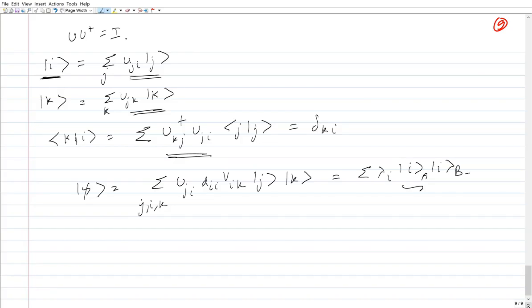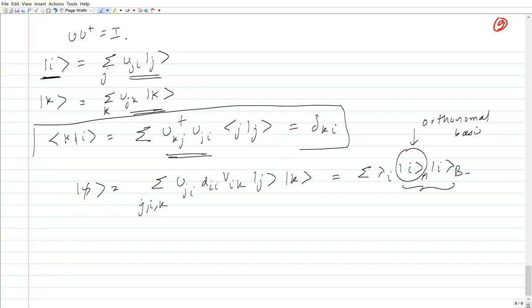The bottom line is that the bases over here are orthonormal bases, which we just showed through this transformation. Similarly, we can show that the set of bases |i_B> is also another orthonormal basis.